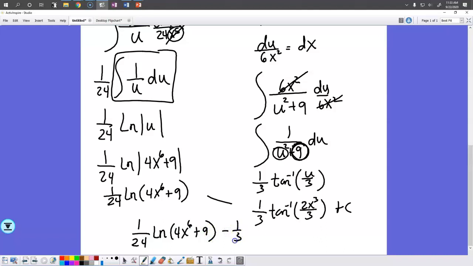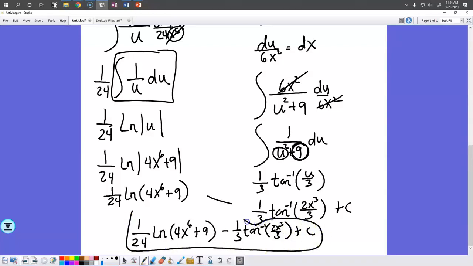Minus 1/3 arctangent of 2x cubed over 3 plus c. And that would be my final answer there. Okay? So we only need the c one time.